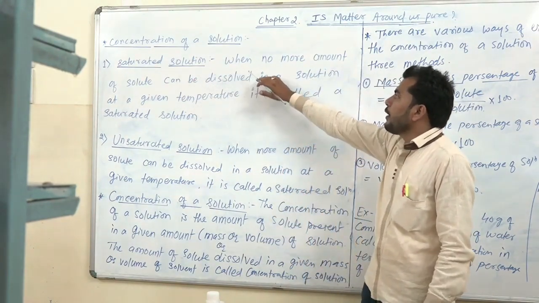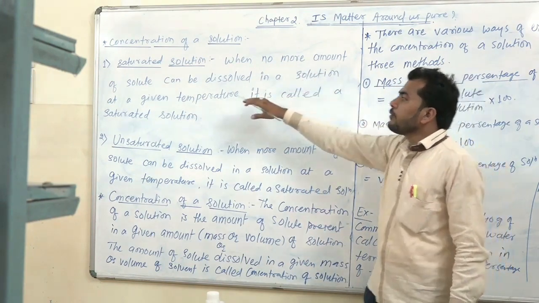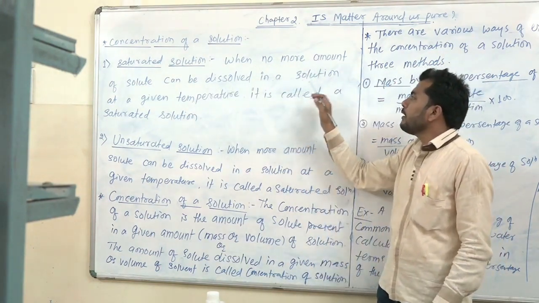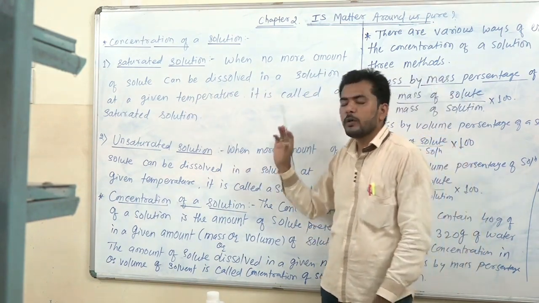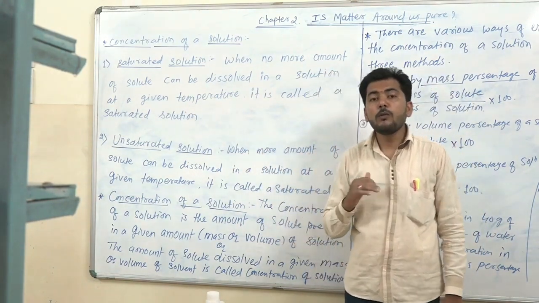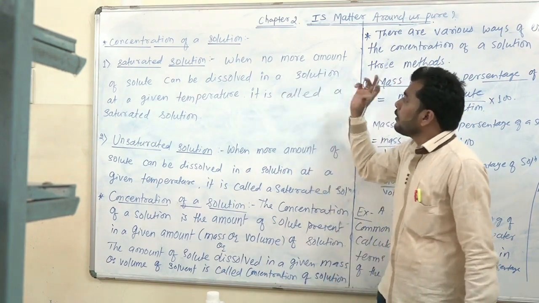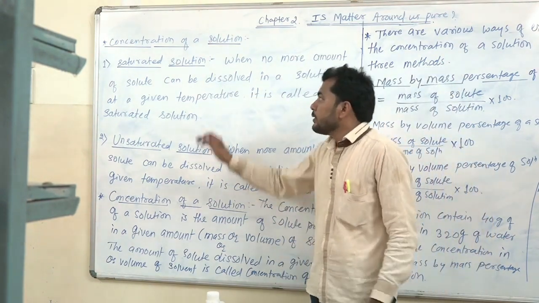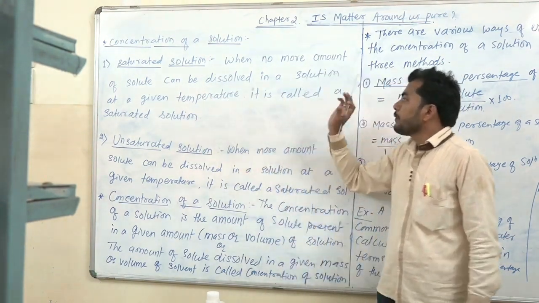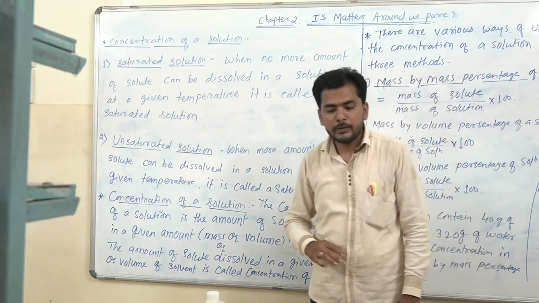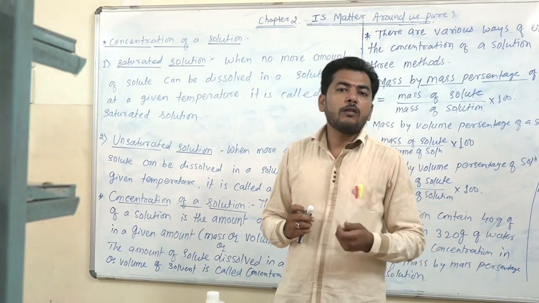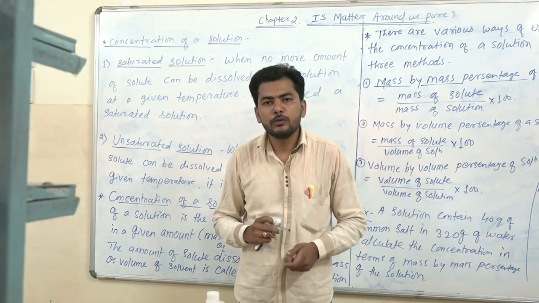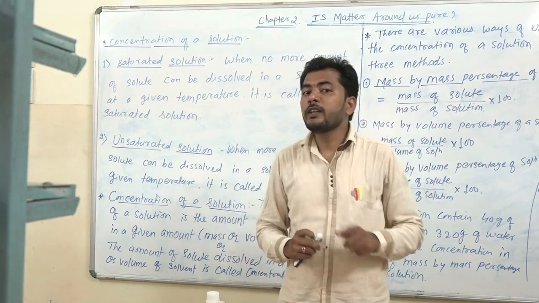A saturated solution is one in which no more solute can be dissolved at a given temperature. At the given temperature there is no further addition of solute in that solution. It is called a saturated solution.